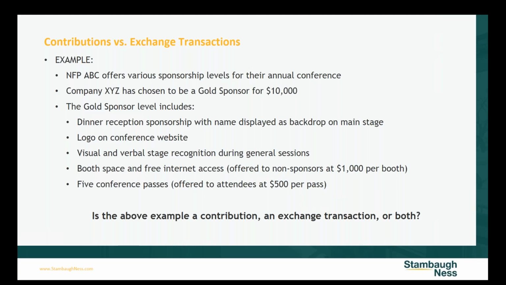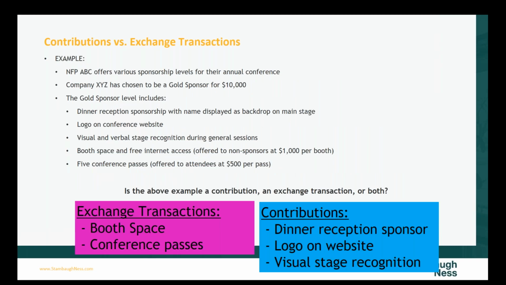And the answer here is we have both. There are 2 exchange transactions happening in this case, where booth space and conference passes are being received. So because company XYZ has chosen to be a gold sponsor for $10,000, they are getting in exchange these 2 items, the booth space and the conference passes.